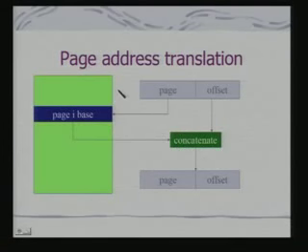Now, how is the page address really translated? The basic principle is the same as that of segmentation. We look at the logical address generated by the CPU as a combination of page and offset. The page number is mapped onto a page table that provides the base of the ith page.